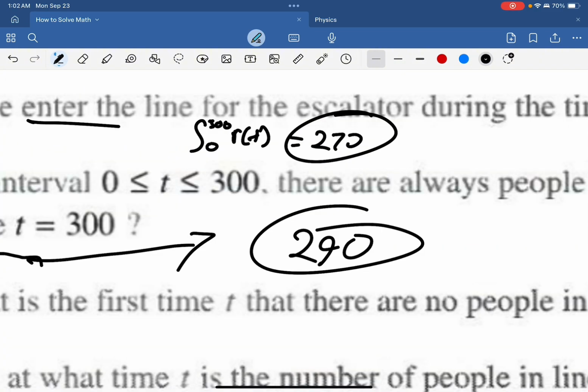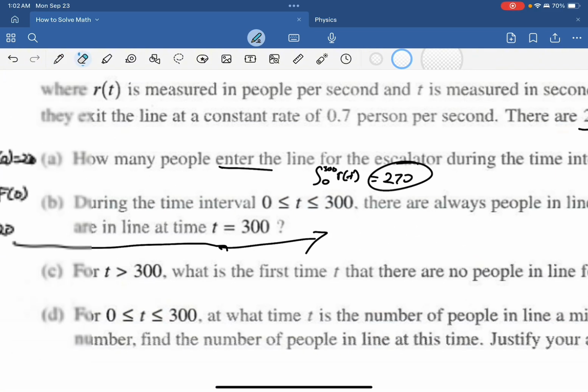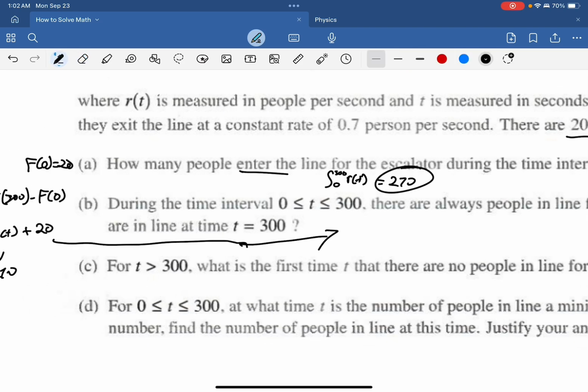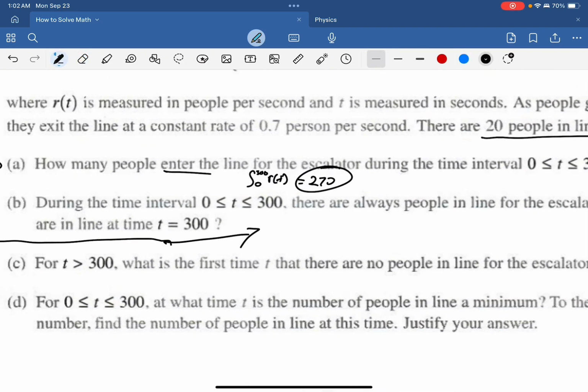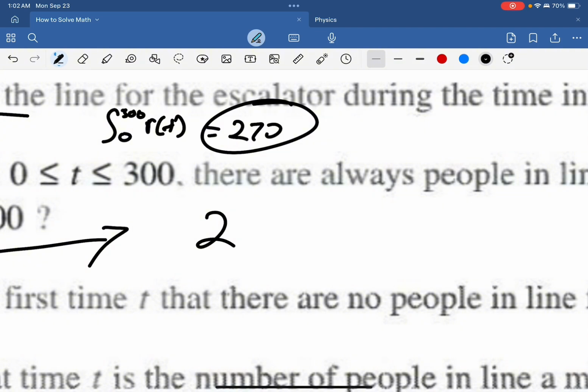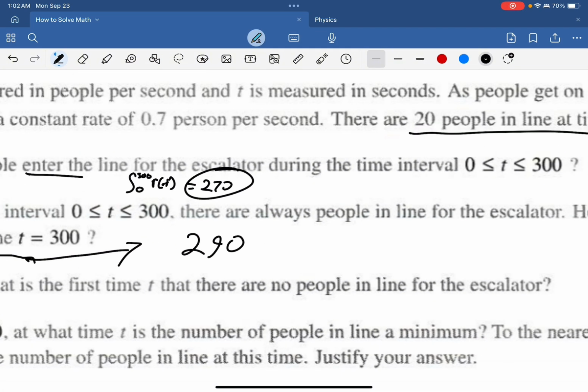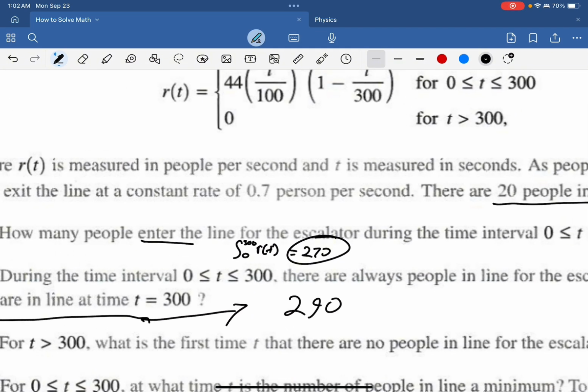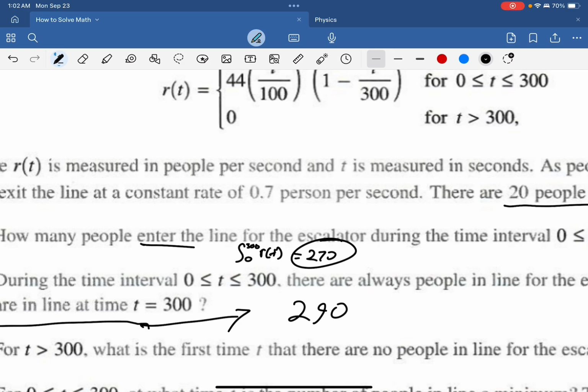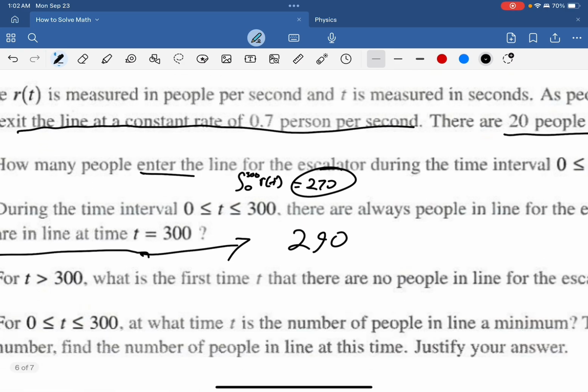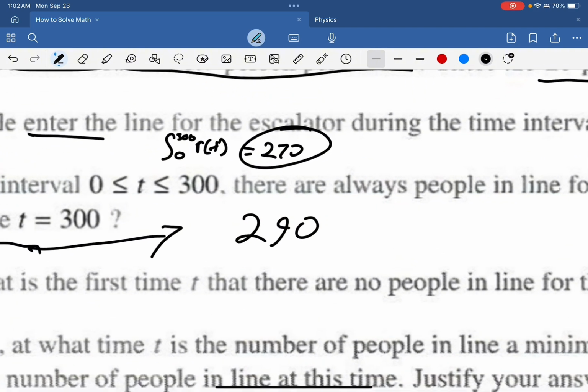Anyways, sorry, this is not what I meant to do. Okay, sorry, I forgot to do one part here. The question also tells us that people exit the line at a constant rate of 0.7 persons per second.